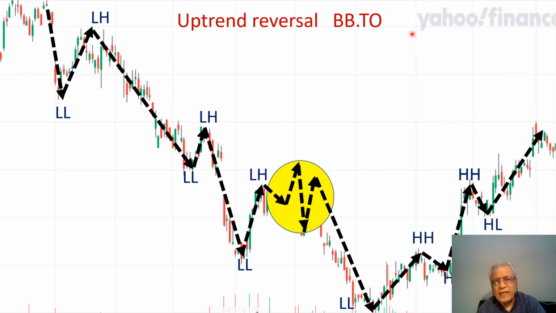This is Yahoo Finance BB stock and D1 time frame. Each candle represents 1 day of trading. In this graph, we want to show you how an uptrend reversal happens. Now, this is a downtrend, and the price is making lower low, lower high, lower low, lower high. And then here in this yellow circle, you see that the price cannot make a lower high and lower low.